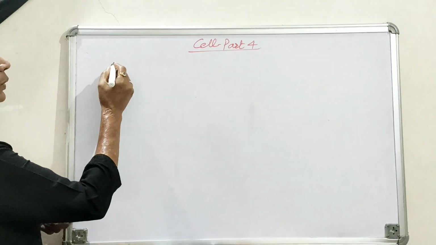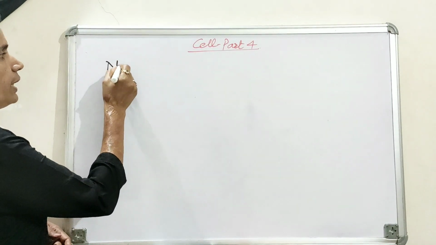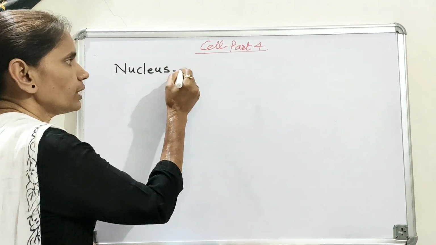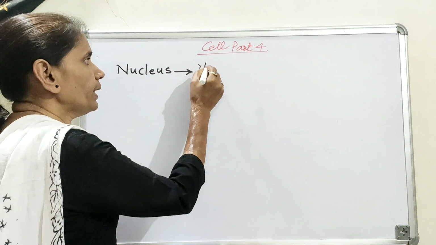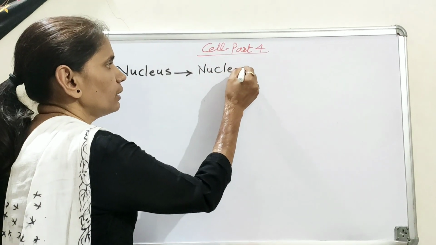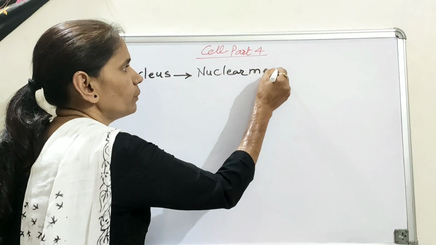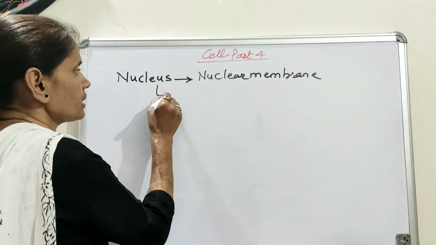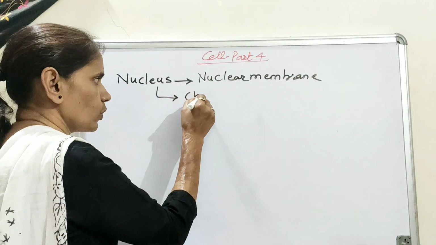In case of eukaryotic cell, the well-defined nucleus is present. Now this nucleus is having nuclear membrane with the pores. Now this nucleus is made up of chromosomes.